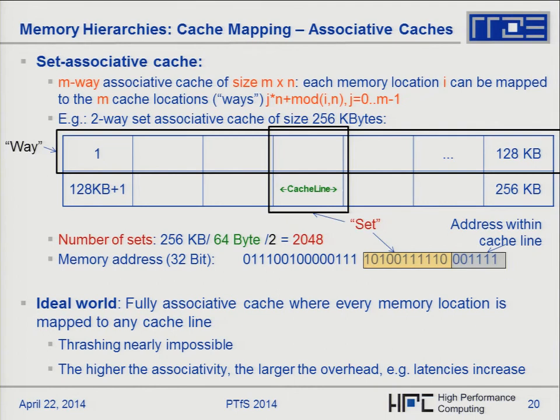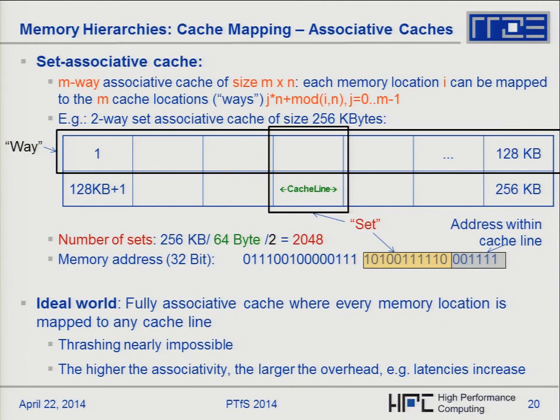For example, 2, 4, 8, 16. And this number is called M. If I have an M-way set associative cache, it means each set has M cache lines. So the size of the cache is M times N, and each memory location, which has an address of I, can be mapped to M possible cache locations, not just one location.